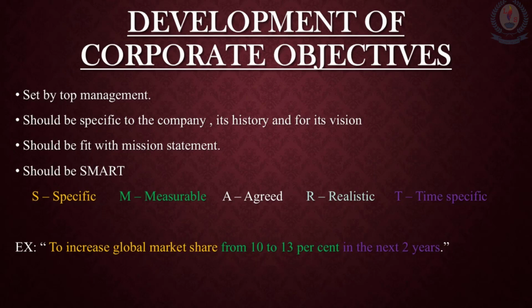Yes, this corporate objective is specific. It clearly specifies that the corporate objective is to increase the global market share. Then is it measurable? Yeah. It is clearly mentioned that they are going to increase global market share from 10 to 13%. And agreed. The letter A symbolizes agreed. Can we agree with this?